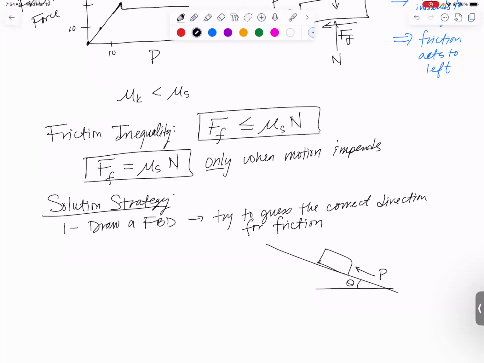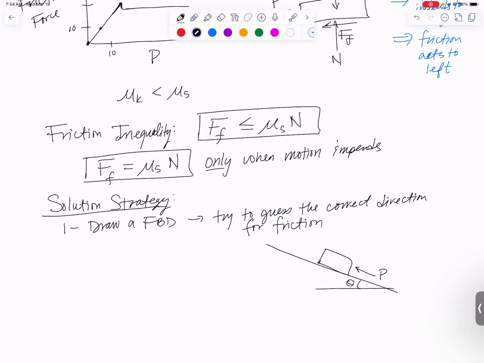There's the P that will just start to get it moving up the hill. There's also a P that would be required to just prevent it from starting to slide down the hill. If it's steep enough that it would start sliding downhill without you applying any force at all, there could be two solutions.